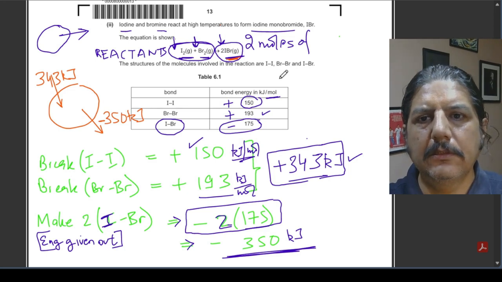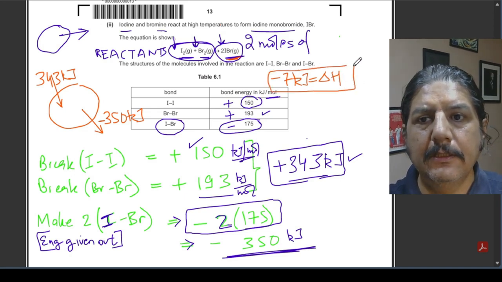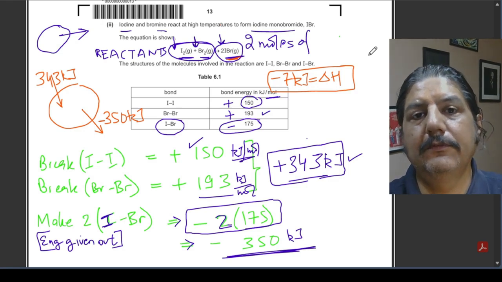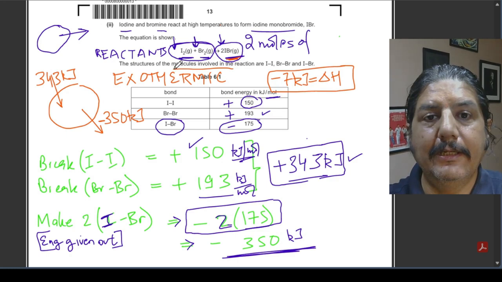So minus 7 kilojoule, this would be the delta H. This is the amount of energy which is being released. So this is an exothermic reaction. This is the net energy being released.